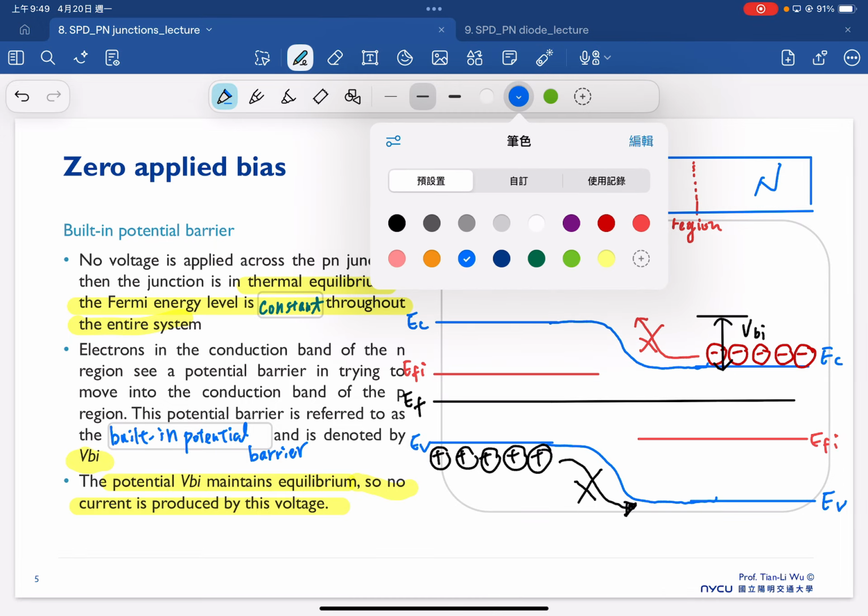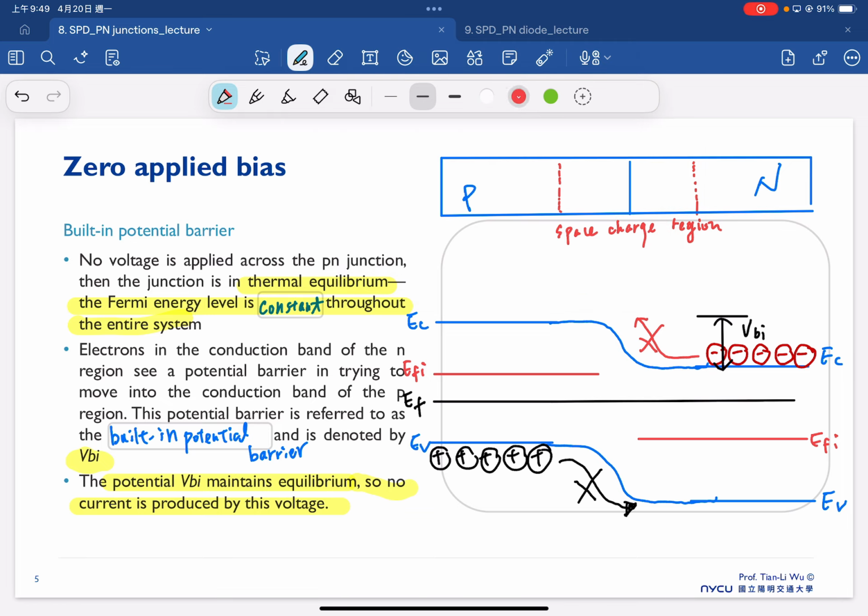Also the EFI is continuous in the system, which means that the EFI will be connected like this. The difference between the EFI and EF, we call the phi FP. And also we have this one, we call the phi FN here.